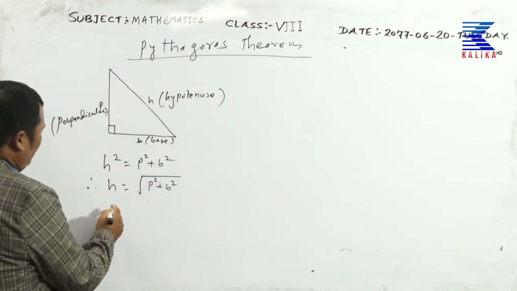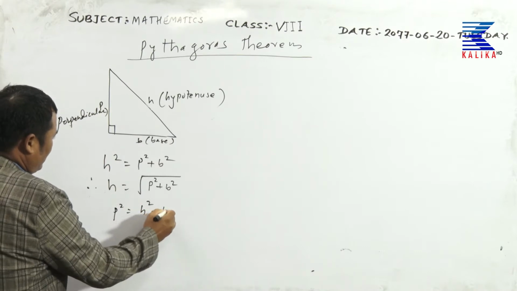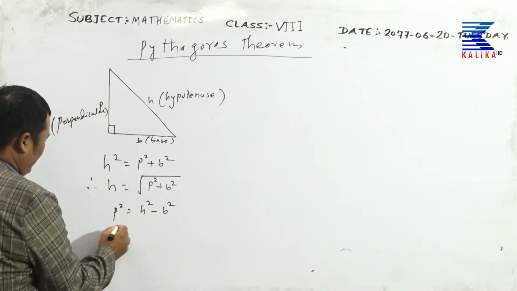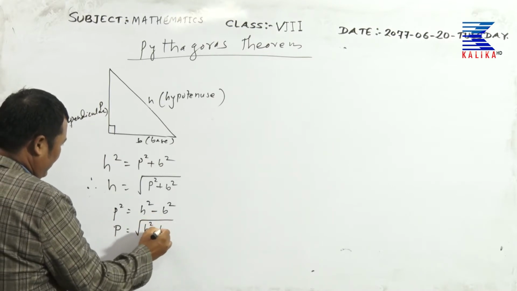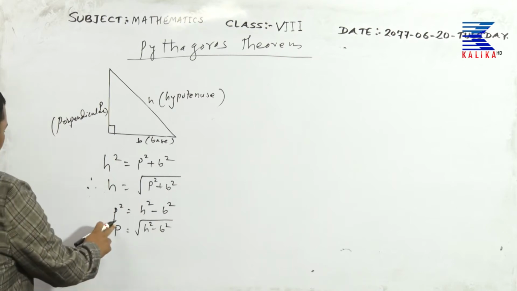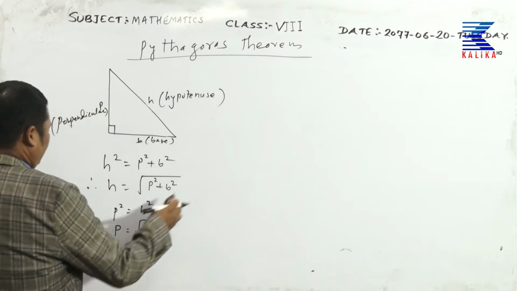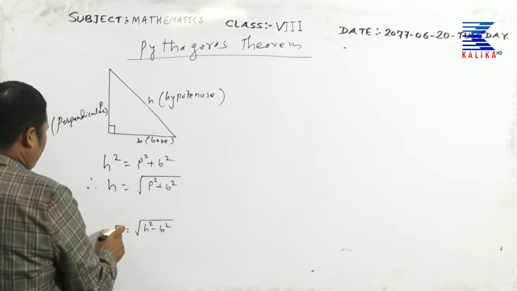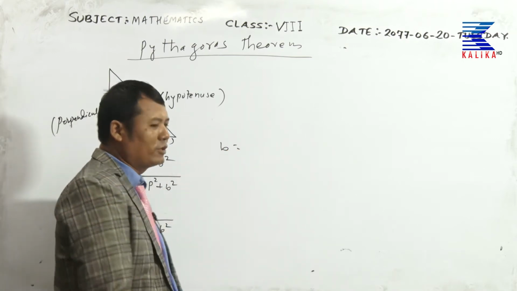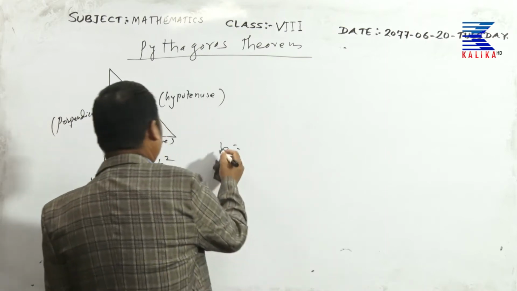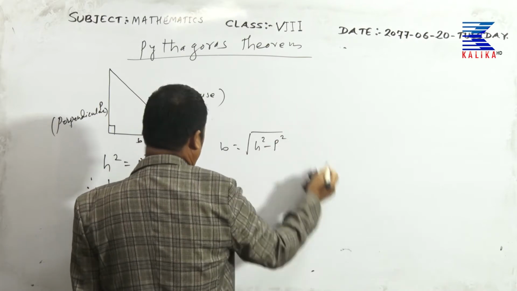If you find p, p square is equal to h square minus b square, so p is equal to under root h square minus b square. And next, b square is equal to h square minus p square, so b is equal to under root h square minus p square.